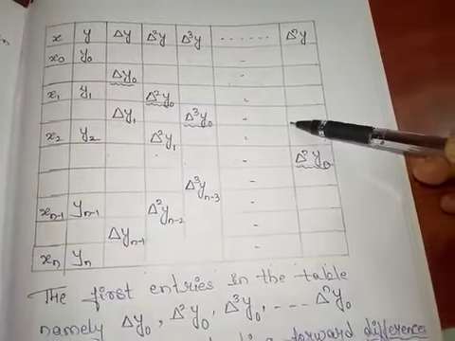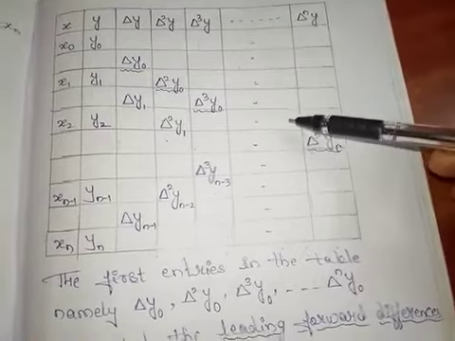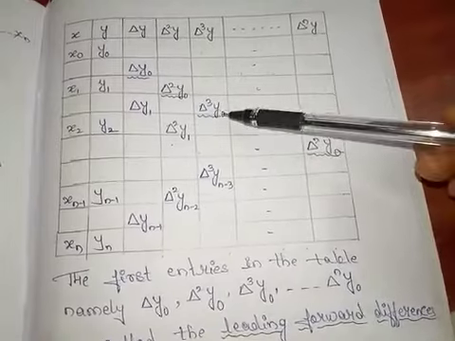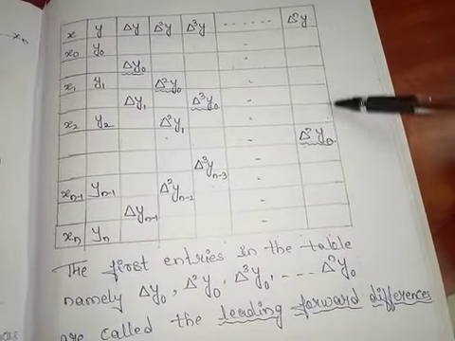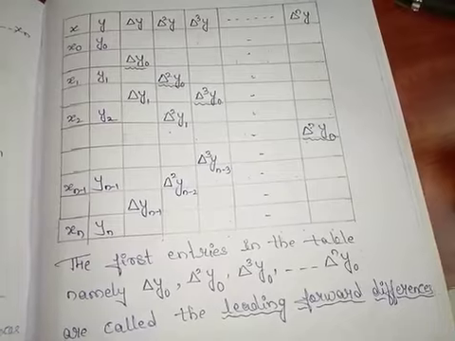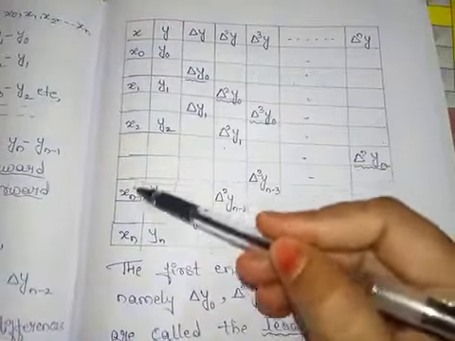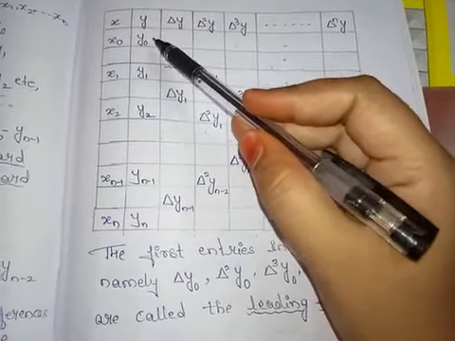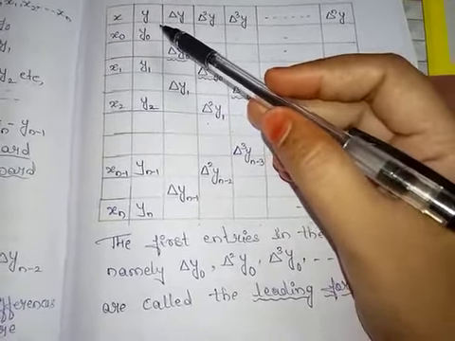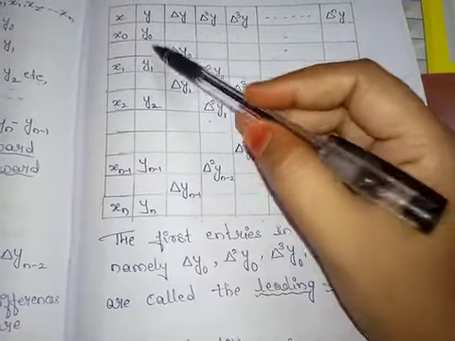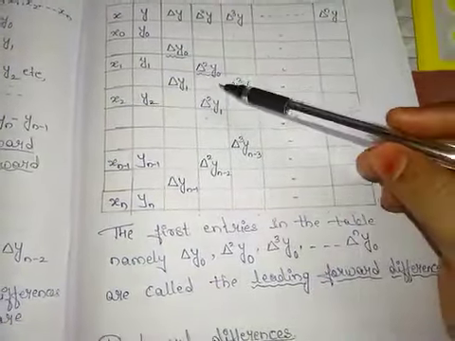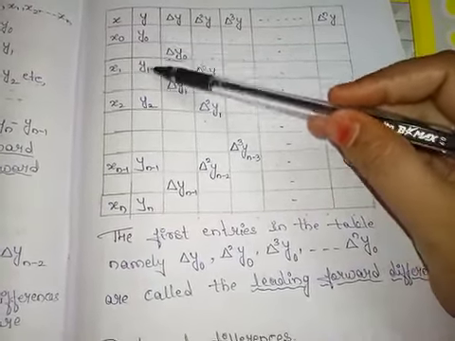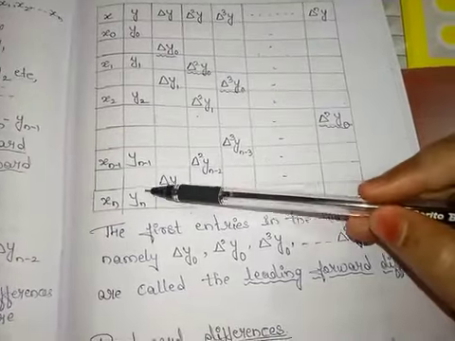See, this is called the forward difference table. Here we are arranging first forward differences, second forward differences, third forward differences and so on to nth forward differences. These are the set of values of x, and these are the set of functional values, f of x0, f of x1. We know that f of x0 is y0, therefore y0, y1, y2 and so on to yn. To find the first forward difference, we have to take the difference of these two, and similarly for the other values.